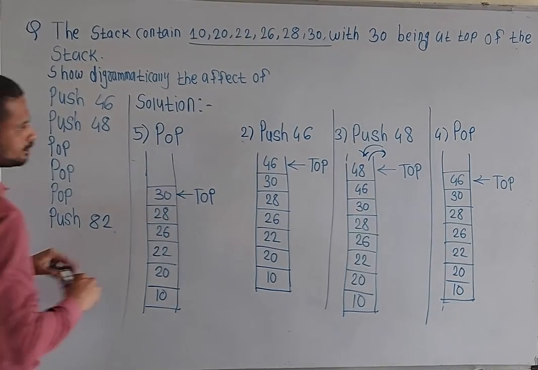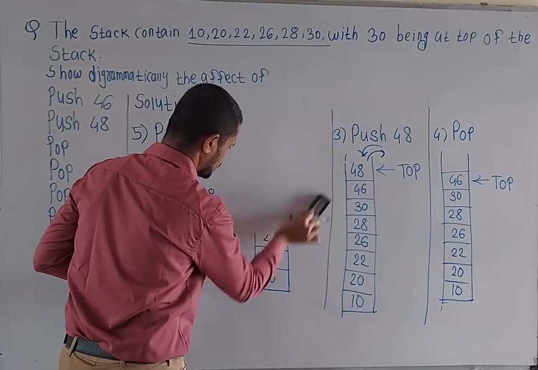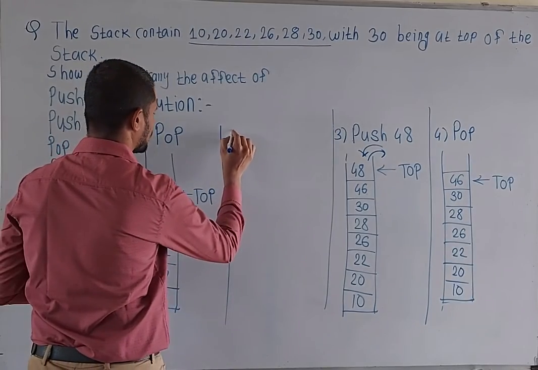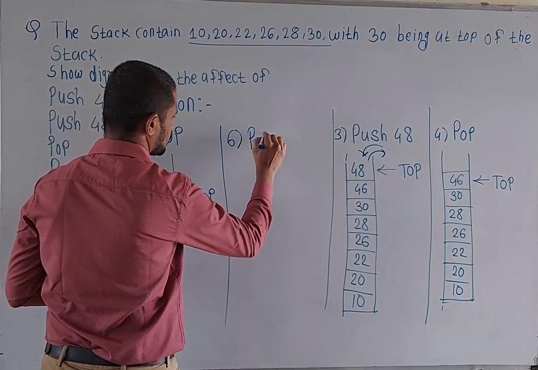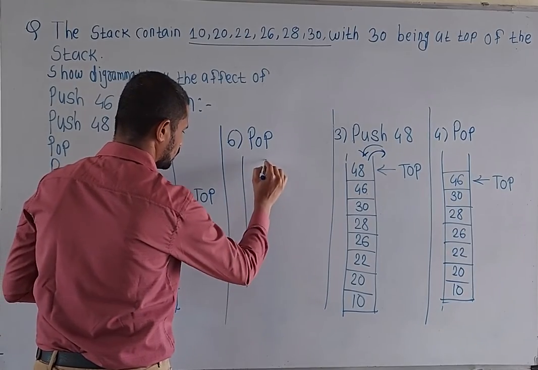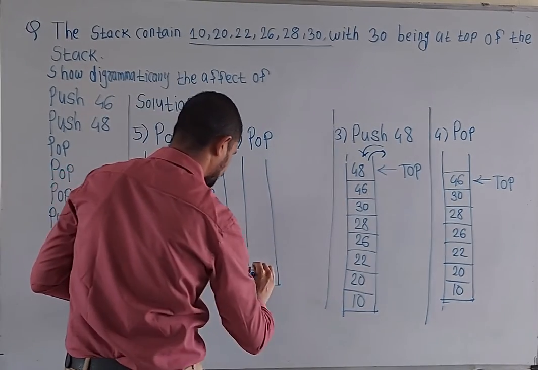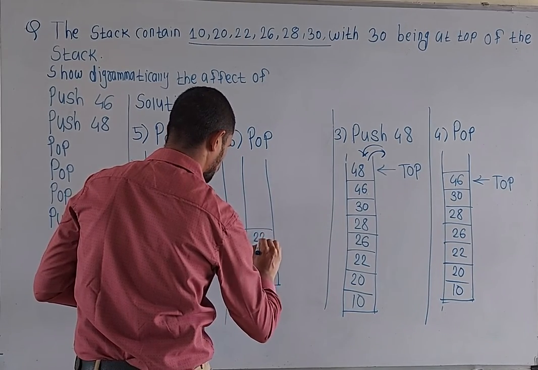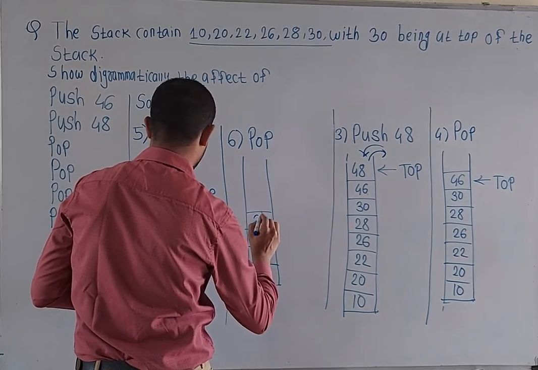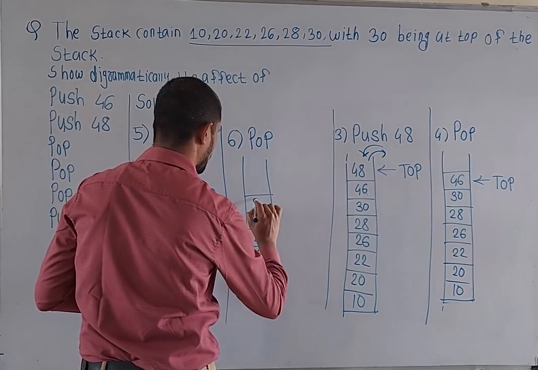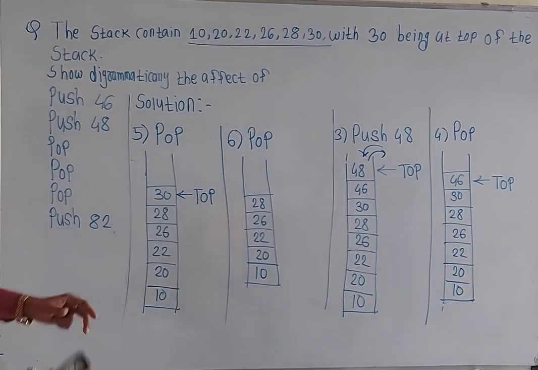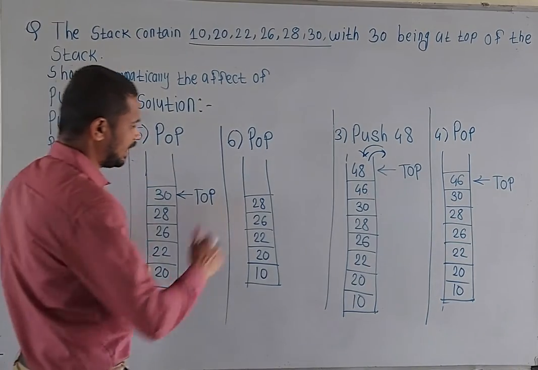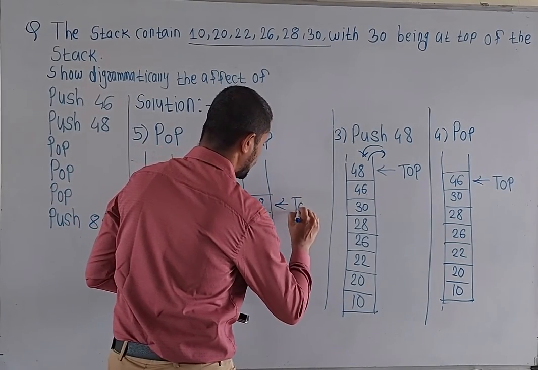Again we have to pop. After the pop operation is performed on this stack, 30 will be deleted and the top will be decremented by 1.